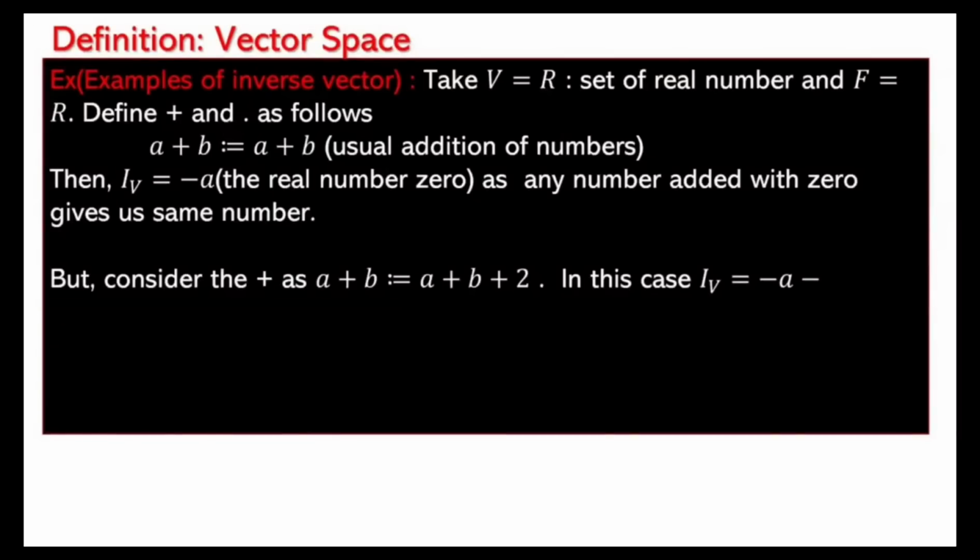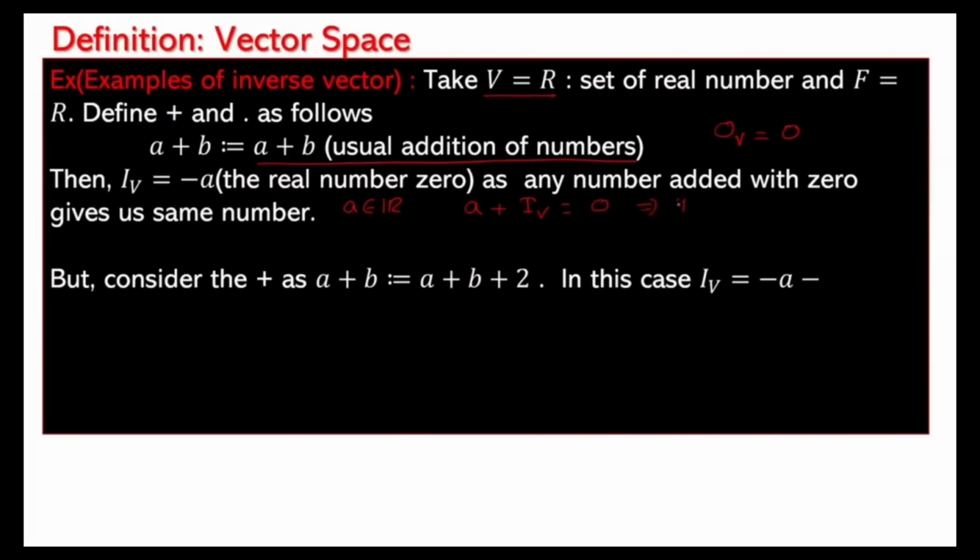Okay, let's have the examples here, like in the previous example. In the last example, we took V equal to R, and in this case, with the usual addition of numbers, we got 0v equal to the number 0. So what will be the inverse in this case? Let a belong to R, then a plus iv is equal to 0.